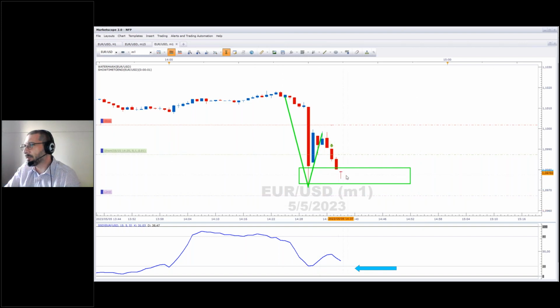There you can see the support coming in. Okay, a bit of a doji, so a little bit of uncertainty coming in amongst the short-term traders.